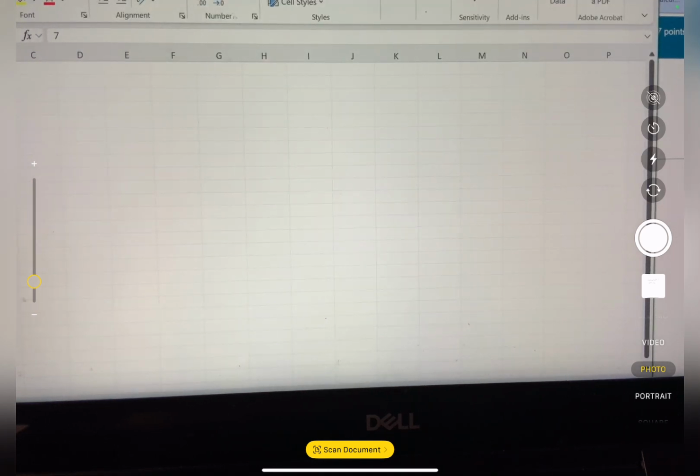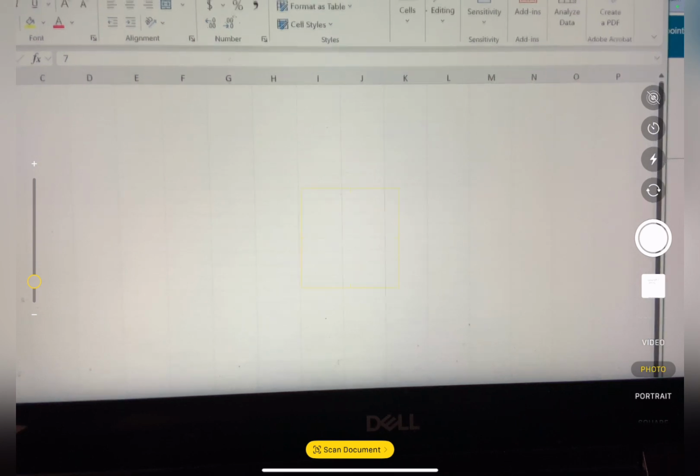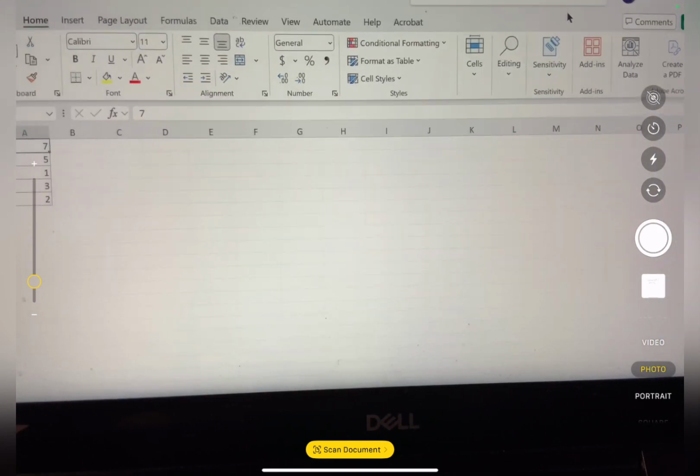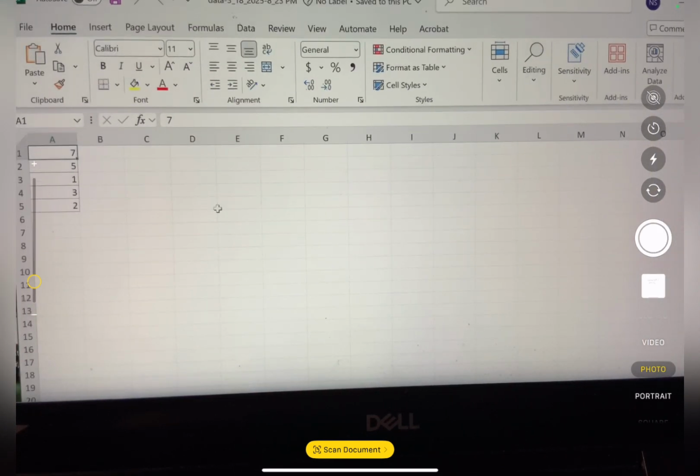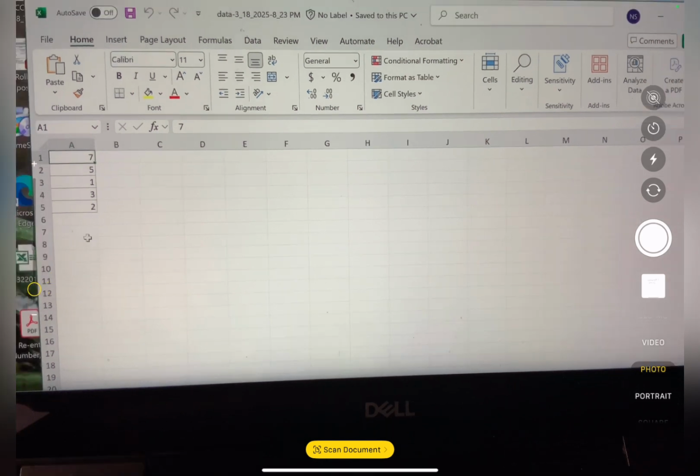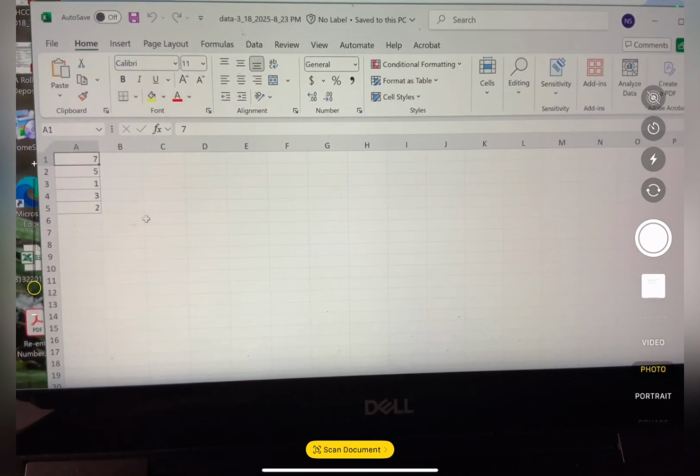Okay, let's do it. I'm clicking on the cell where I want to put the mean.